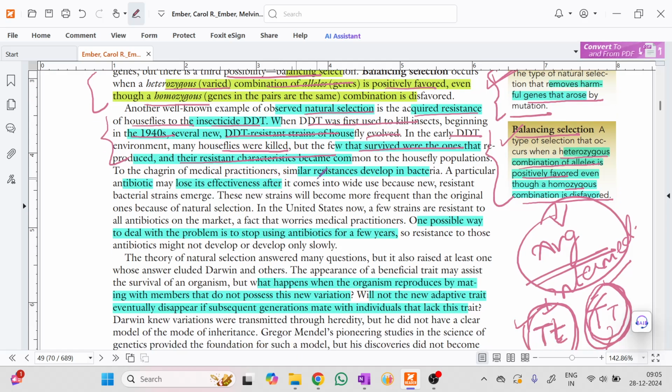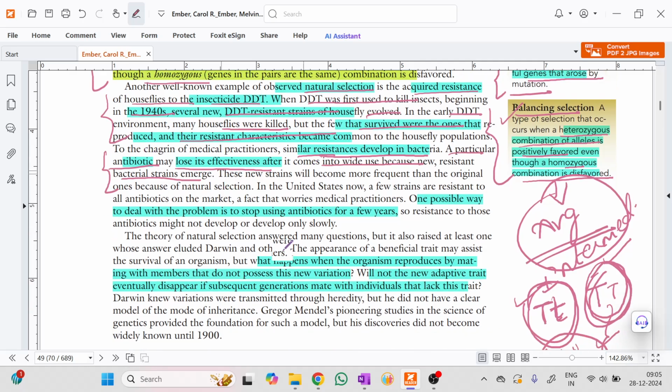And this has also become a newer threat in the present time, when microorganisms, especially bacteria, have built resistance against the use of antibiotics. A particular antibiotic may lose its effectiveness after it comes into wider use because a new strain of bacteria will emerge, and the earlier antibiotic and its chemical composition will not work on the newer strains.